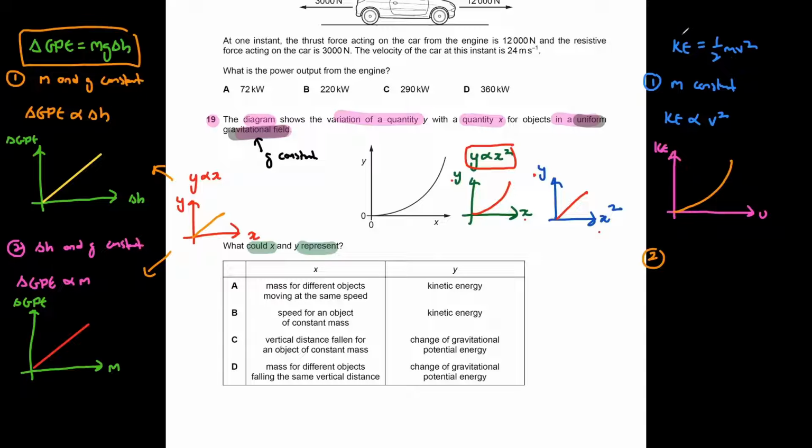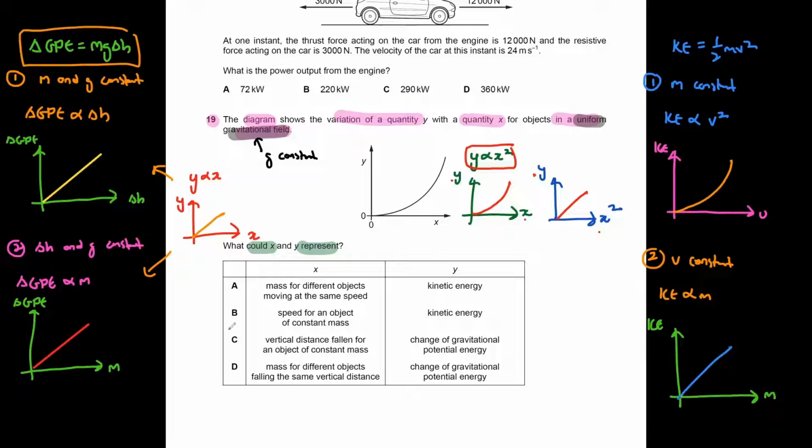If your mass is not constant, but this time your velocity is constant, that would mean KE is proportional to mass. So now if you draw out your graphs, we'll say KE versus m, you by right should get a straight line graph through your origin, something like this.